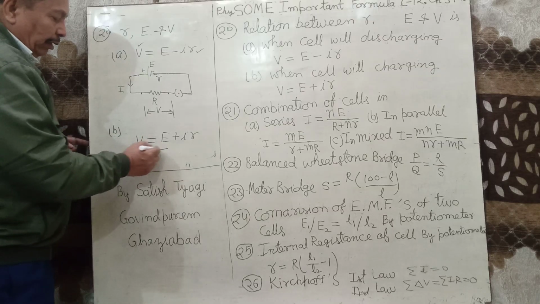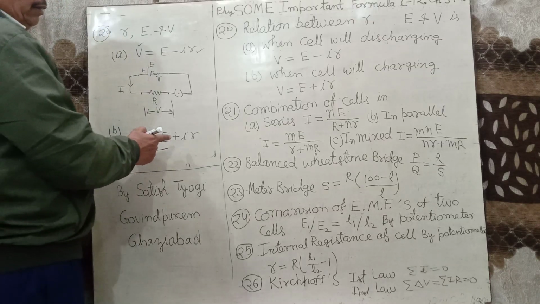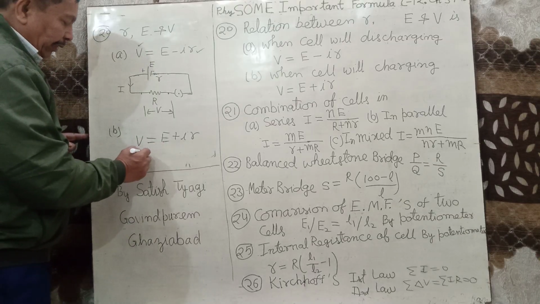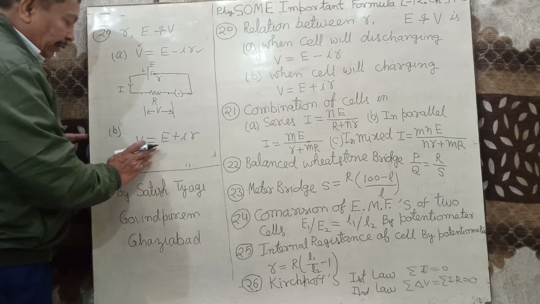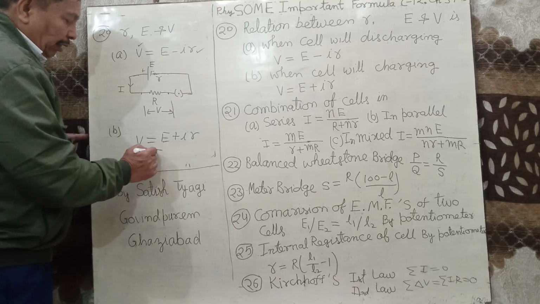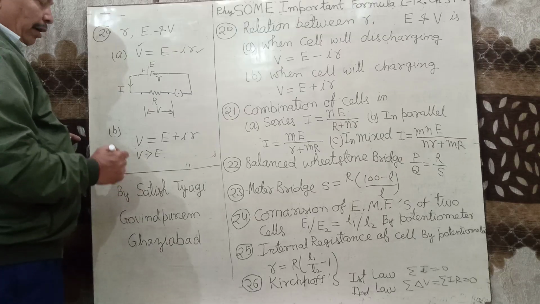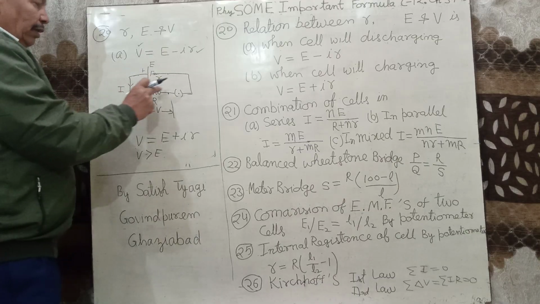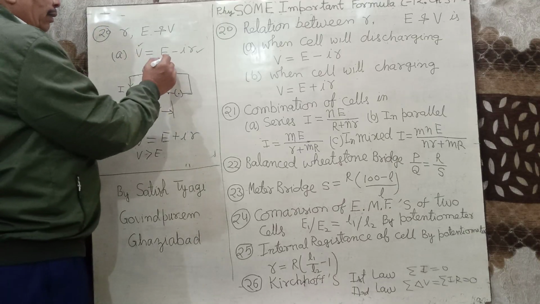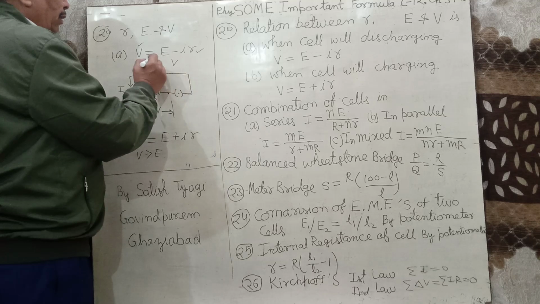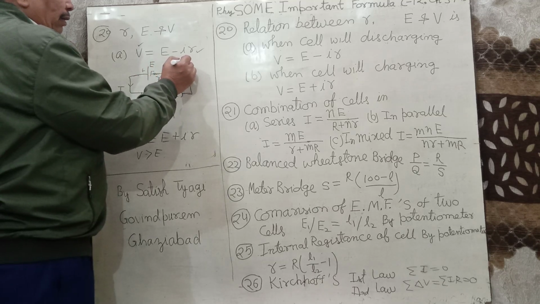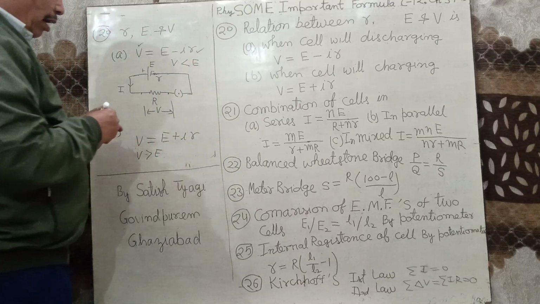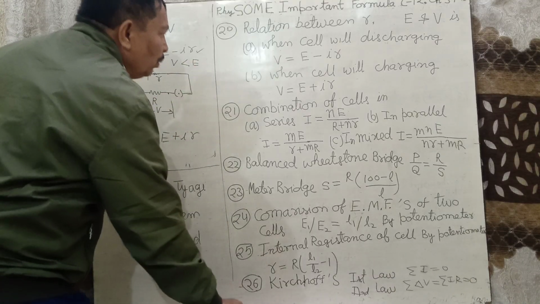Here, when the cell is charging, the external potential V is greater than the EMF of the cell, and when the cell gives current in the circuit, then V is less than E.